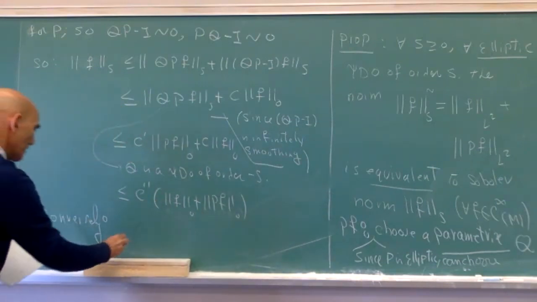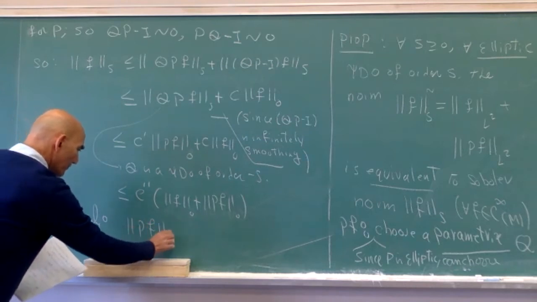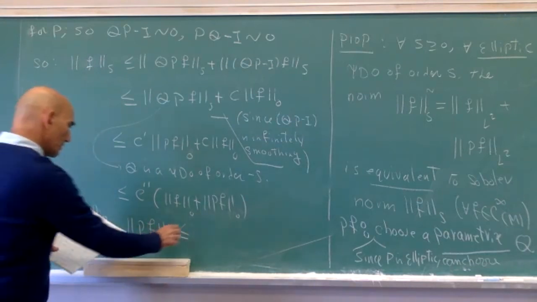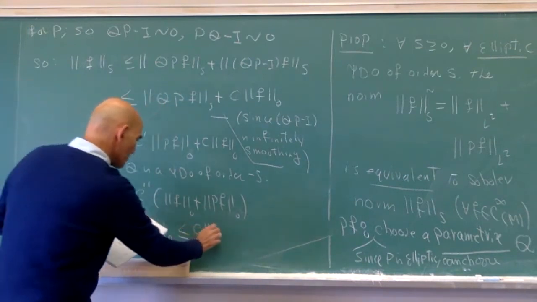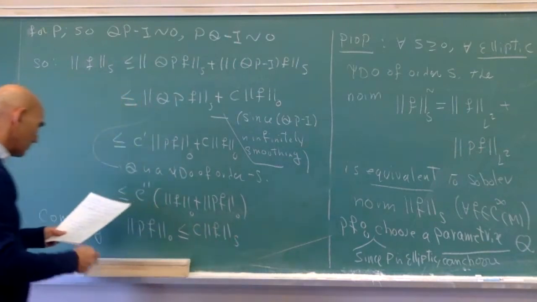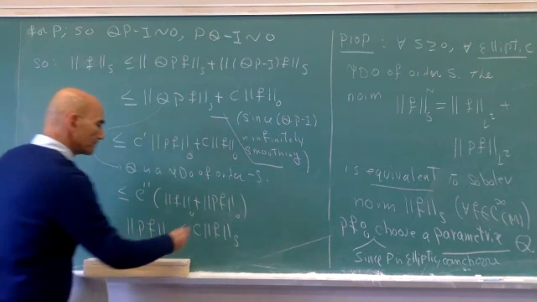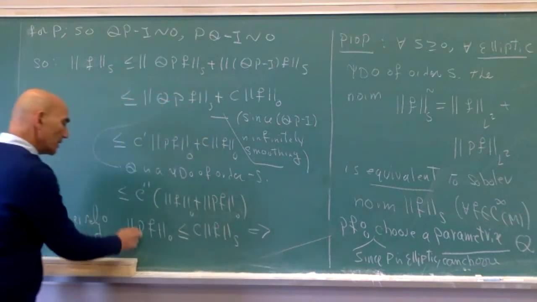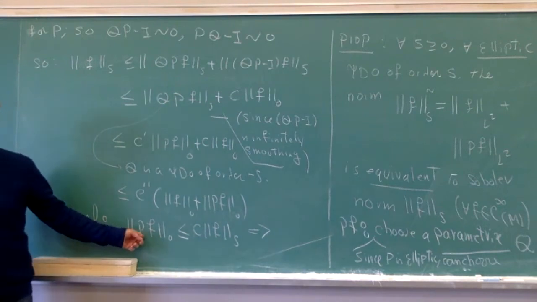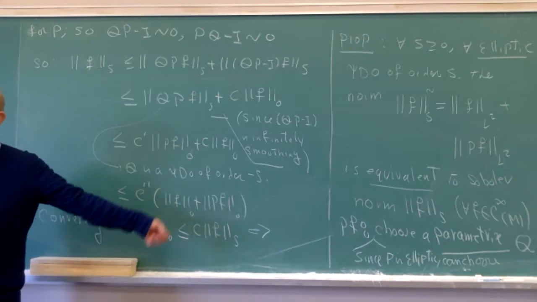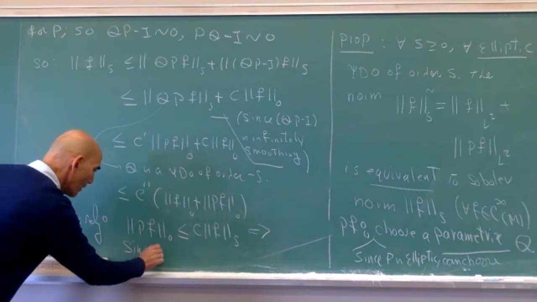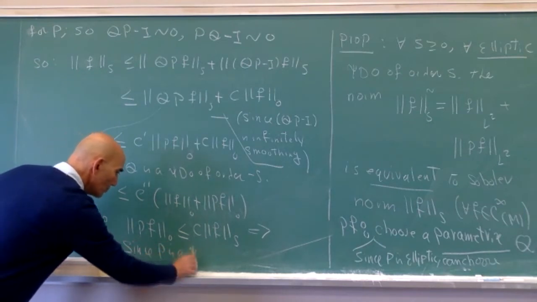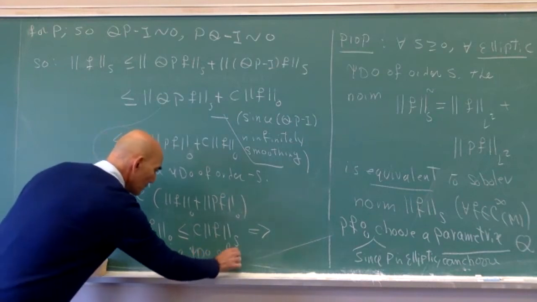Norm P F 0 is less than or equal to C times, again, some other constant. It doesn't have to be those other constants. C times norm S, right? Now this follows because P is a pseudo of order S, and this is the boundedness of that map, continuity of the map, right? Since P is a pseudo of order S.